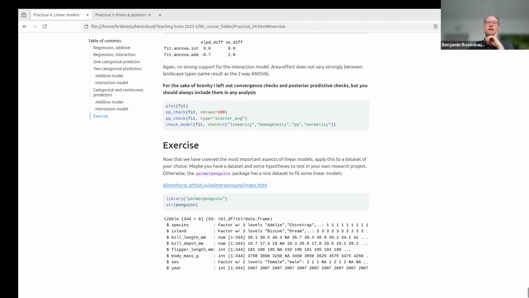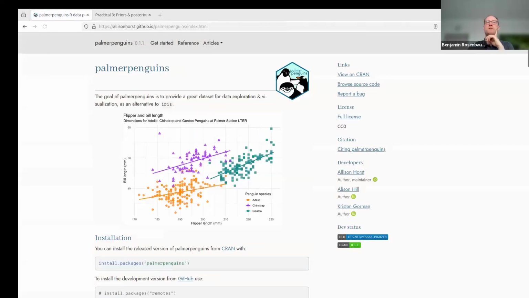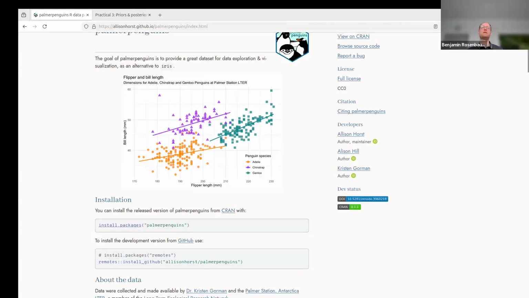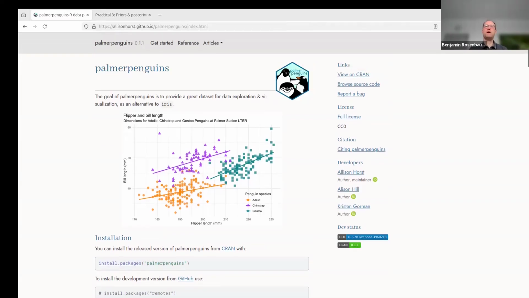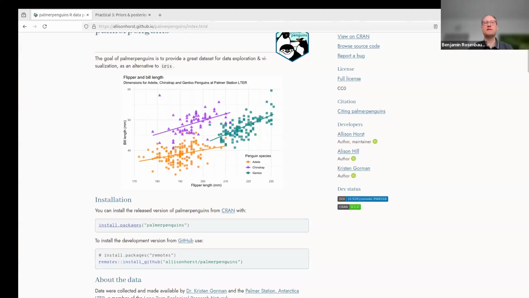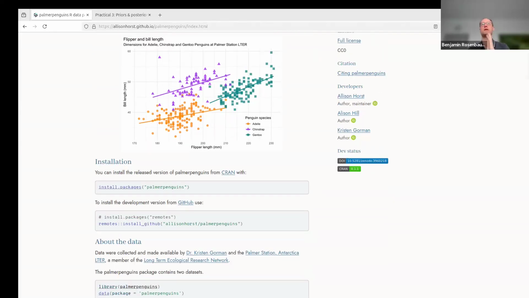Additionally, there's this nice data set, the palmerpenguins package, which has a couple of penguin populations with all kinds of covariates involved. So you can choose some relationships to model there, and I think they should all be fine to model in a linear modeling framework.